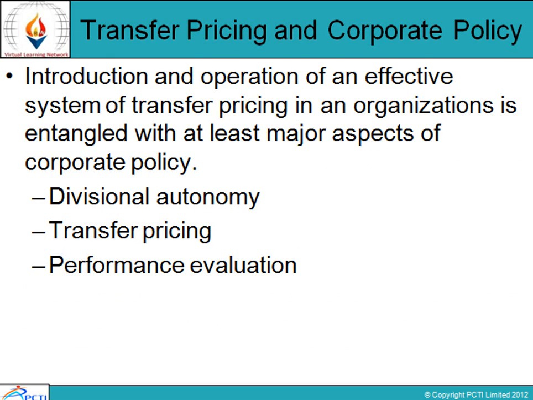When we talk about transfer pricing and corporate policy, when a transfer pricing system is introduced into an organization, the effective introduction and operation, with the least major aspect of corporate policy, takes into account three factors. पहला है divisional autonomy, क्या है, एक particular division को कितनी autonomy दी गई है to take care of the work that he is entitled to do.